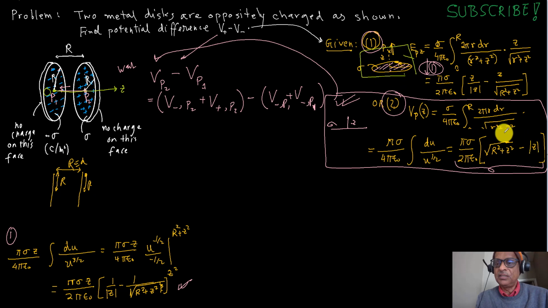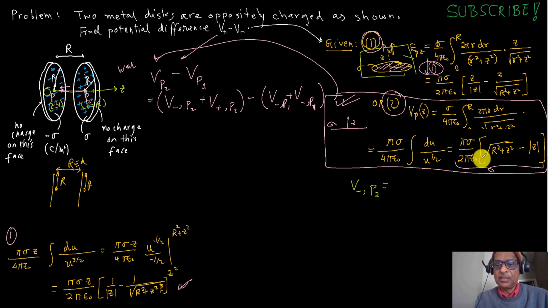So this is the answer. Let's call it V. How am I going to get V from the negative plate at P2? P2 means z equals R, right? P2 is z equals R, and this is z equals 0.